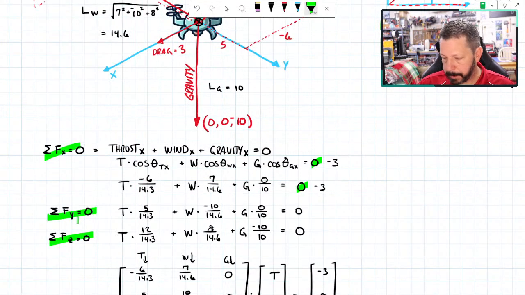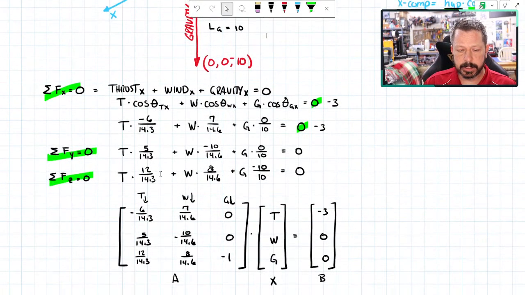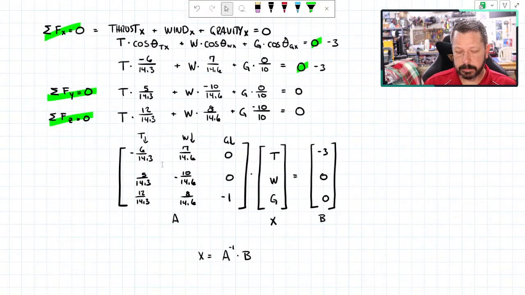So this linear algebra method, where you build the A and B matrices, multiply the inverse of A times B, and get out your values for your variables, will work with any set of simultaneous equations that are linear. So you can't multiply any of the variables by other variables.